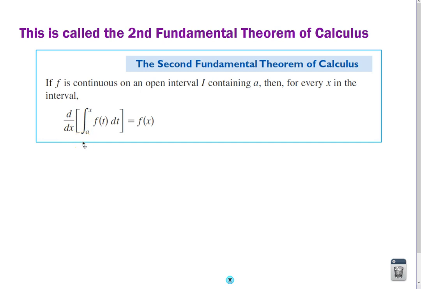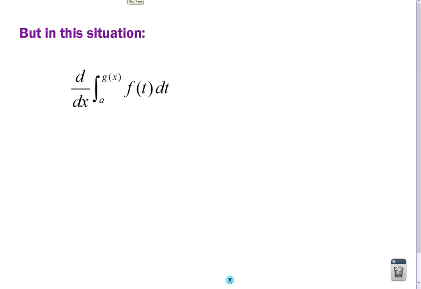Okay, but like we just saw on the last slide, what if we had a situation where it wasn't just x in the upper bound, instead we have a function? Well, if that's the case, you start out the same way. You start out by plugging your function, this guy right here, into this function.